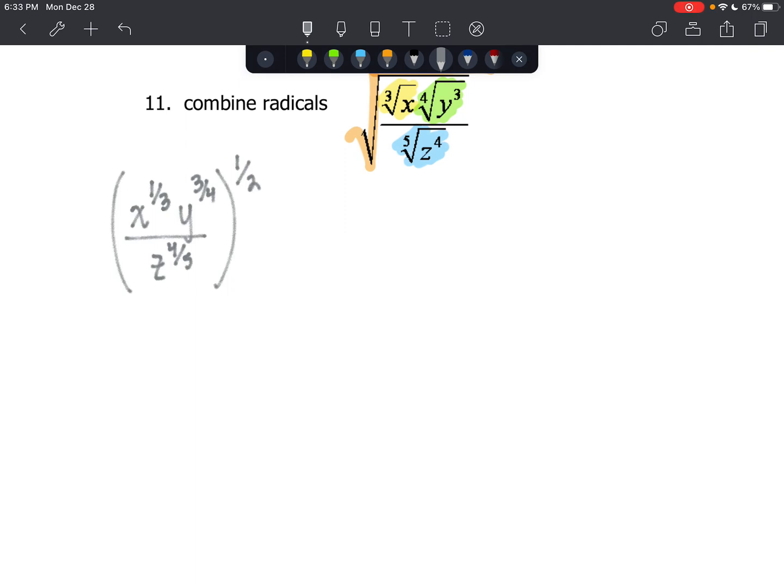So I can try and find the common denominator of 3, 4, and 5, which is 60, and then slowly work up to that common denominator with that 1/2 power. But I want to show you something else. 1/3 times 1/2 is 1/6.